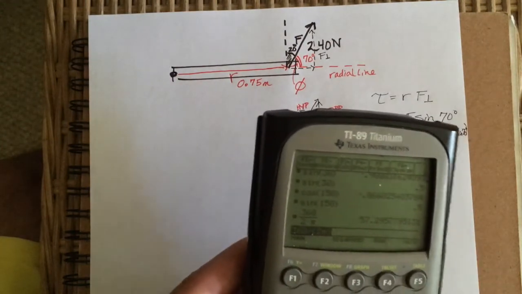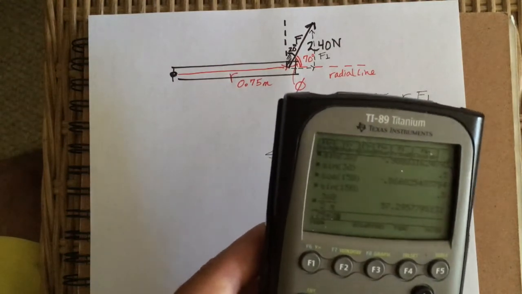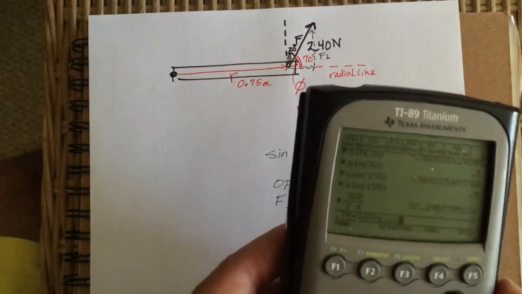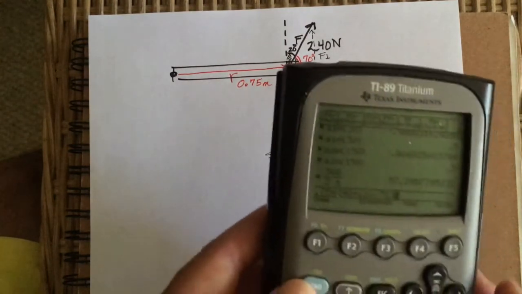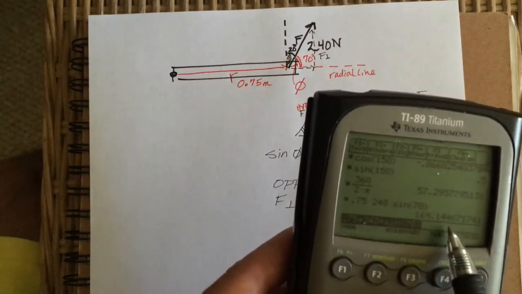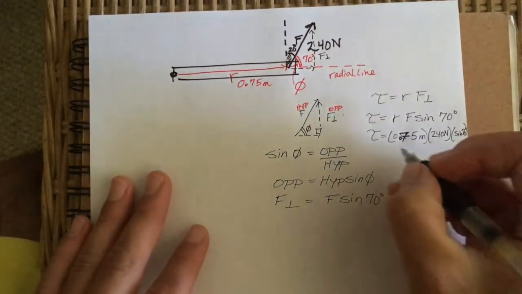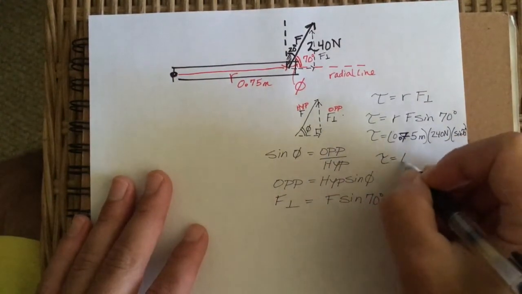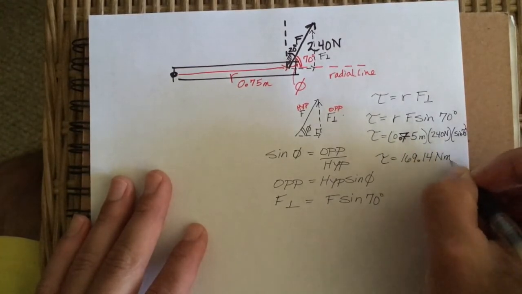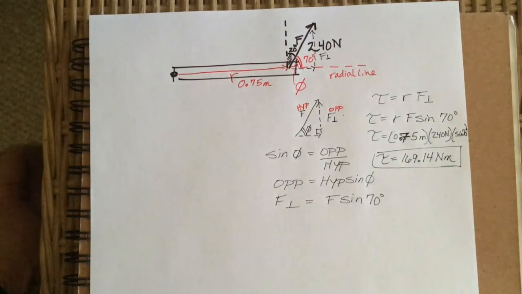Looks like I am, so that's good. 0.75 times 240 times sine 70 is equal to 169.14. We're going to call that Newton meters, and we'll be good. All right.